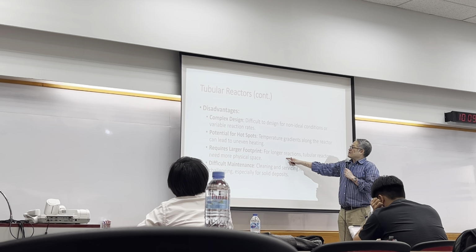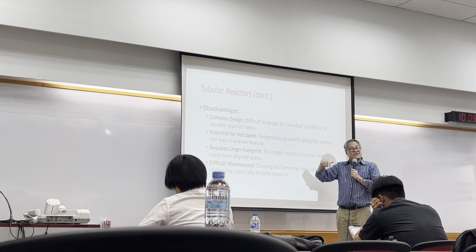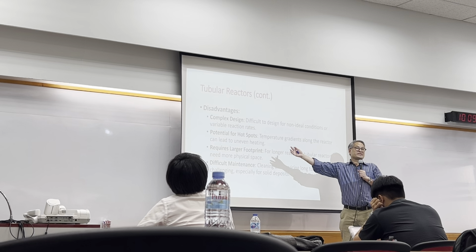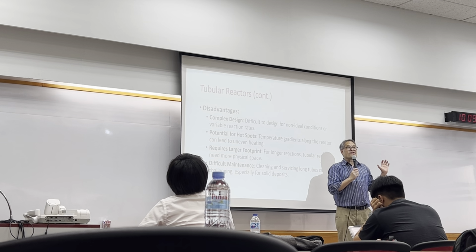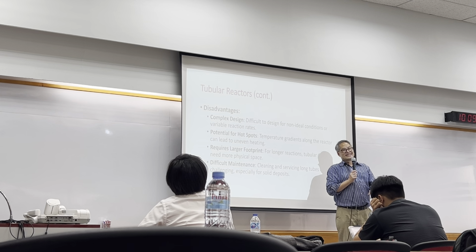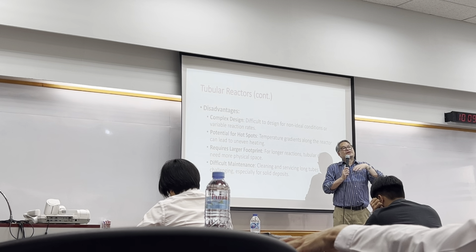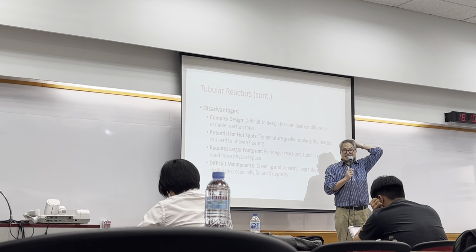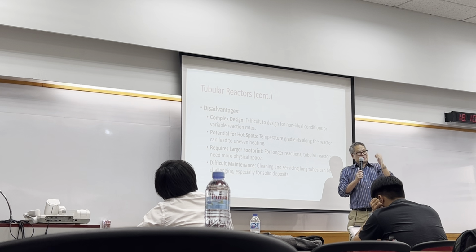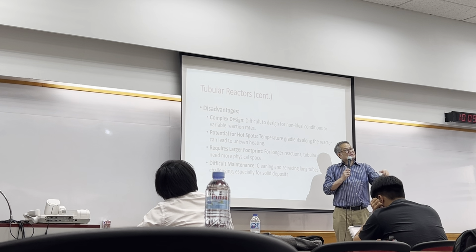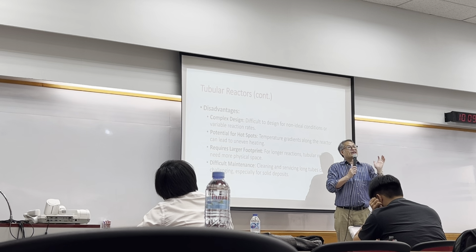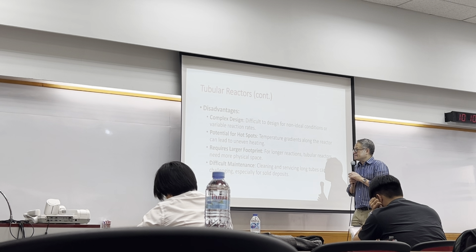Because for a longer reaction that needs longer time, we just need to increase the length of the tube. There's nothing we can do. We need more volume for longer time, so we need a longer tube. For example, if you have a 1 kilometer tube, that takes up a lot of space.